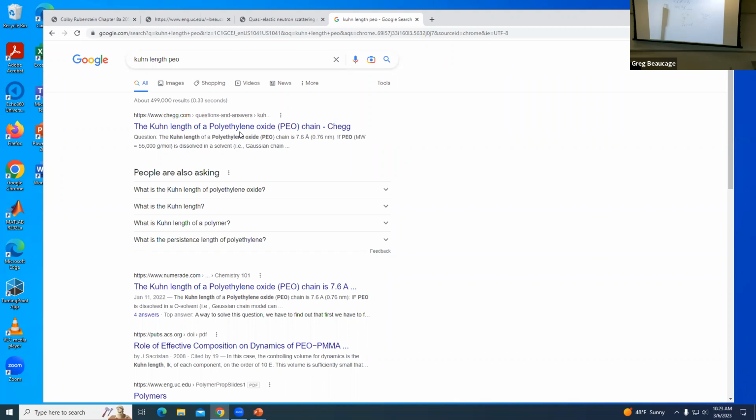Okay, calculator. Nope, wrong thing. That gives me 230 Kuhn units. That's N, right? So if I say the distance between the two is r equals N to the 3/5 times 7.6 angstrom, and it's 230.